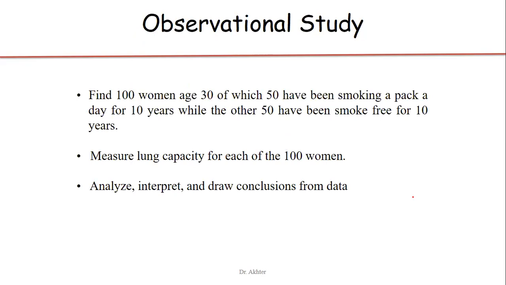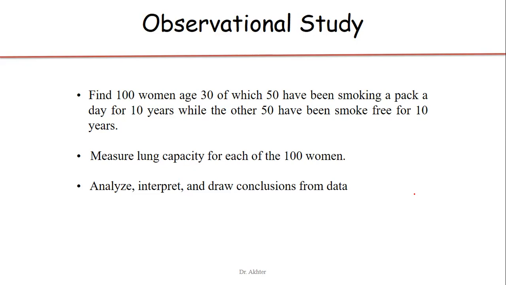Now, the last two slides of this presentation comprise the two ways of data collection: observational study and experimental design. In the observational study, we have to collect the data through questionnaires. Suppose we have 100 women aged 30, of which 50 have been smoking a pack of cigarettes for 10 years, while the other 50 have been smoke-free for 10 years. So this is the behavior of these 100 women in the past 10 years.